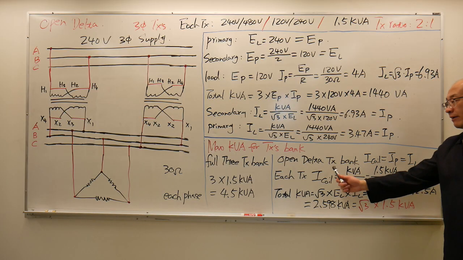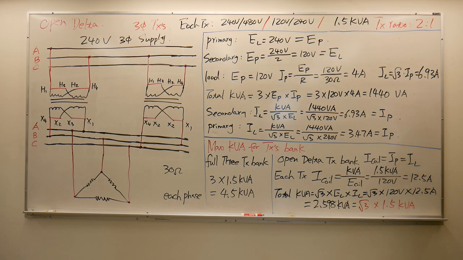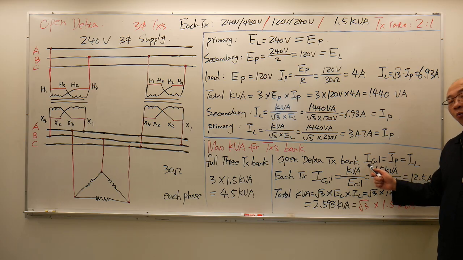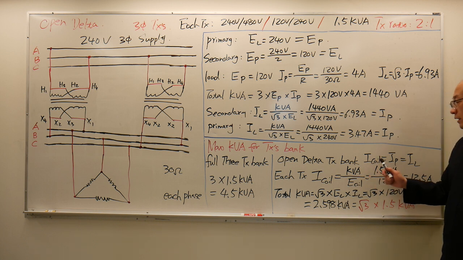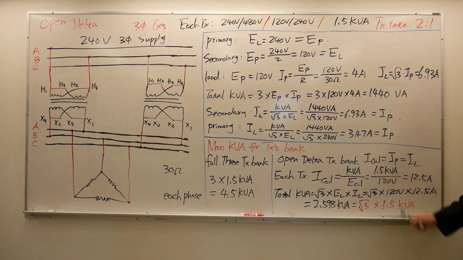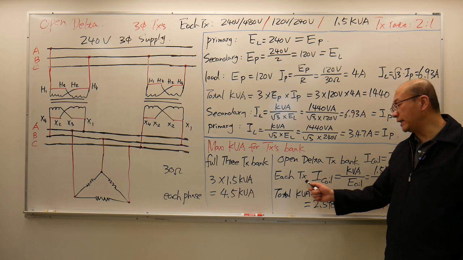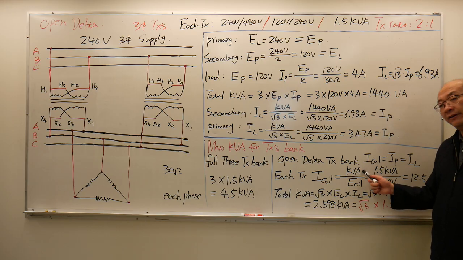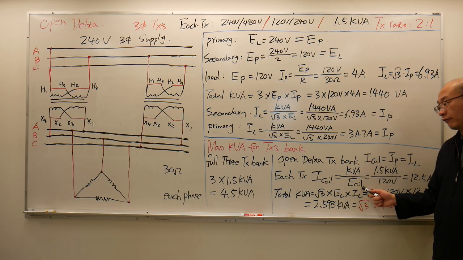But when I only have an open delta transformer bank, the line current is going to be supplied by one of the transformer's coils. The transformer coil current equals the phase current equals the line current. So for each individual single-phase transformer, the coil current is going to equal the kVA divided by the coil voltage.